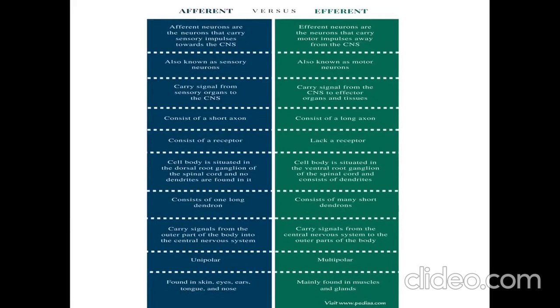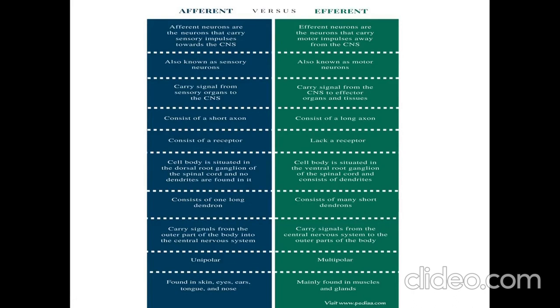Now the difference between afferent and efferent. Afferent neurons are the neurons that carry the sensory impulses towards the CNS. Efferent neurons are the neurons that carry the motor impulses away from the CNS. Afferent is also called the sensory neuron and efferent is also known as the motor neuron.